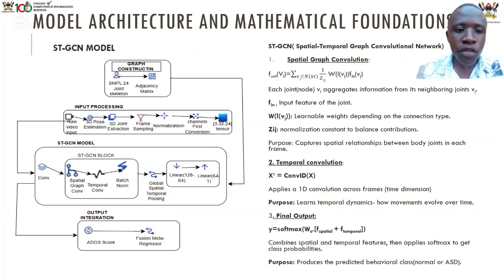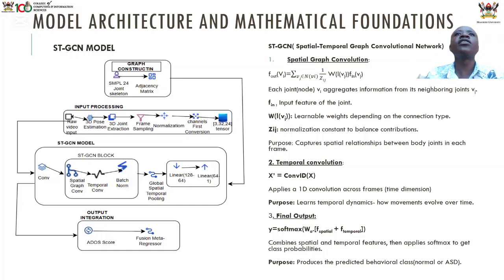Talking about the models, I'll begin with the STGCN model, which refers to the spatial-temporal graph convolutional network. Spatial means space, and temporal means time. It does spatial convolution first, where it captures the spatial relationship between body joints.